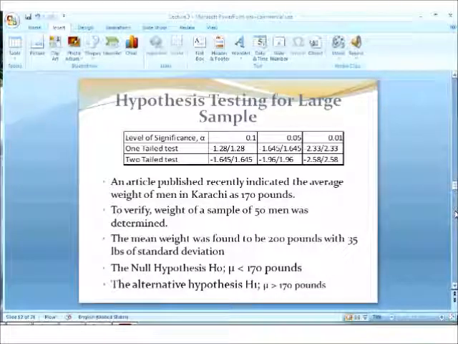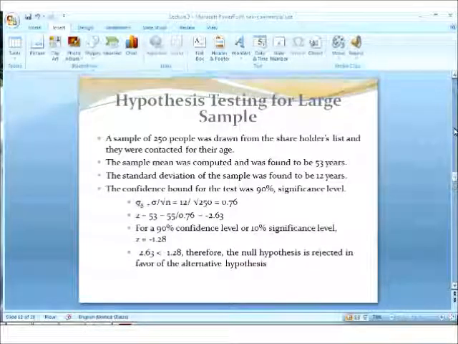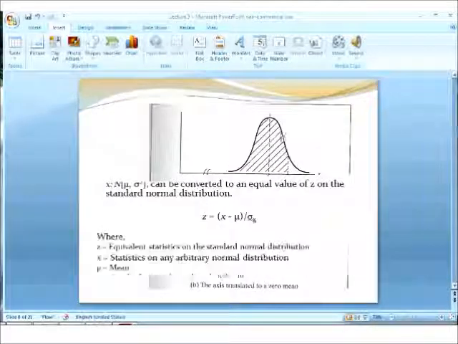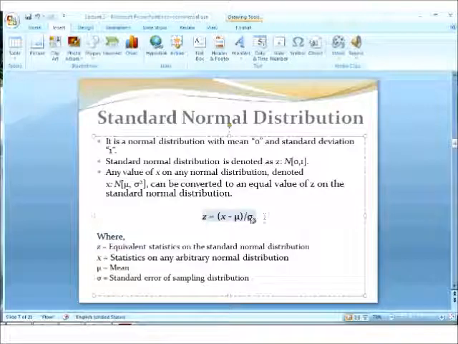So they compute this z-value based on this equation. This x is the mean value based on the data you collected to prove or reject your hypothesis, which is 3 in the example we just discussed.